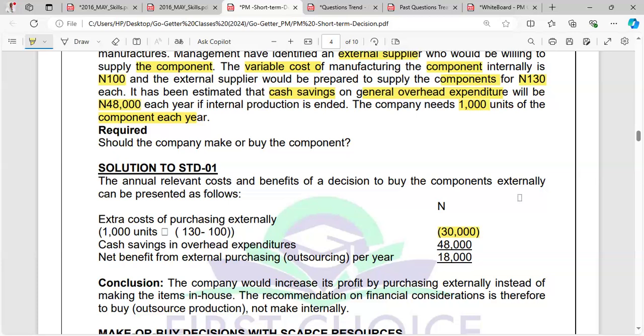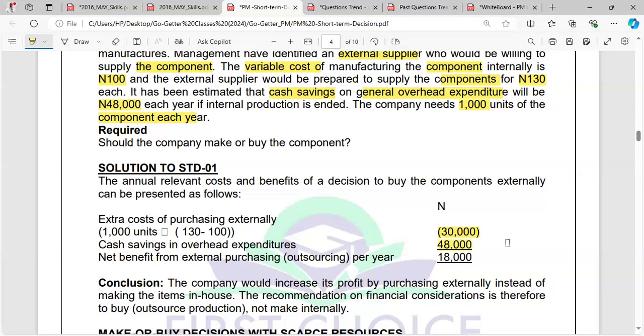Now, it says that if you are spending this extra cost to go and give this thing out to outsiders, you are saving yourself 48,000 naira each year for spending extra 30 naira per unit. So for the whole year, you are spending 30,000 naira extra, and you are saving 48,000 naira in the year.